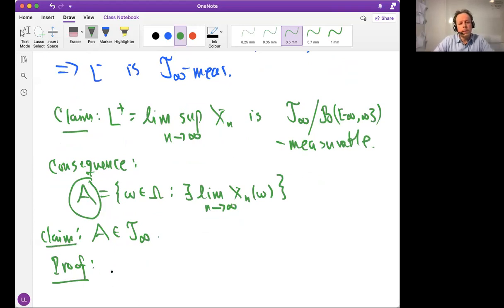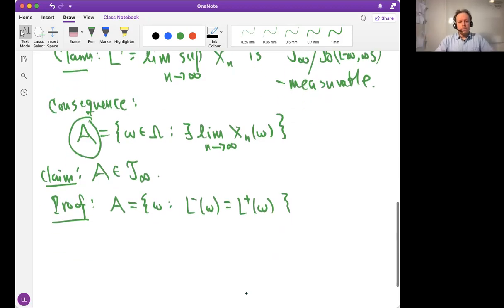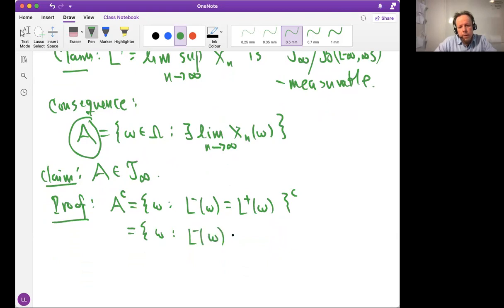The event A is the set of those omegas for which L minus omega is equal to L plus omega. A sequence converges if and only if the limsup is equal to the liminf. Then we can look at the complement of A, which is the set of omegas for which L minus omega is strictly less than L plus omega.